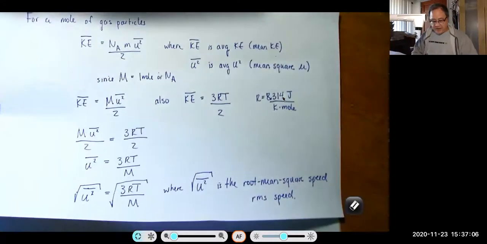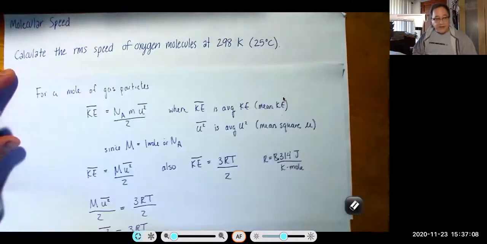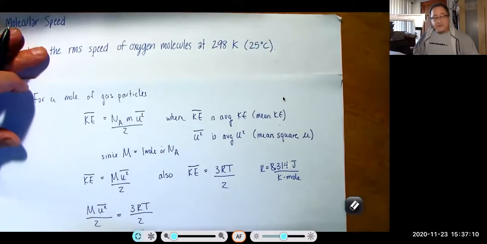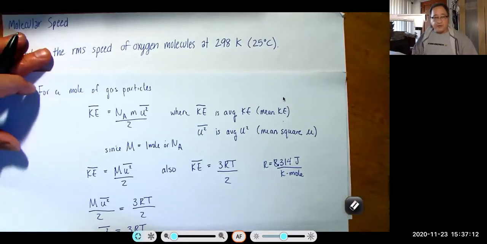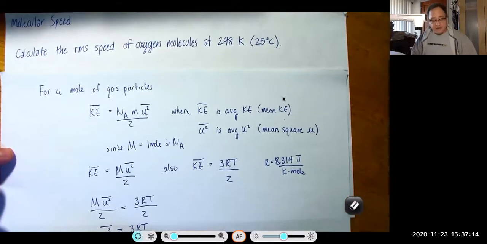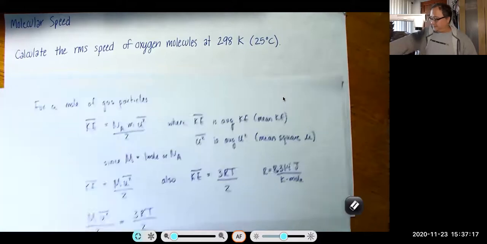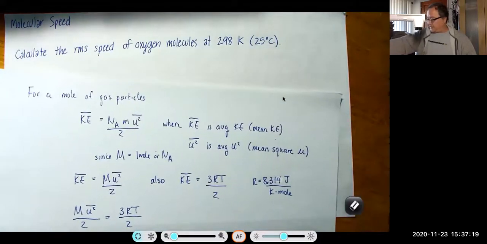Okay. So let's take a look at using this formula where we're actually asked to calculate the RMS speed of oxygen molecules at 298 K. So let me get a clean piece of paper here.